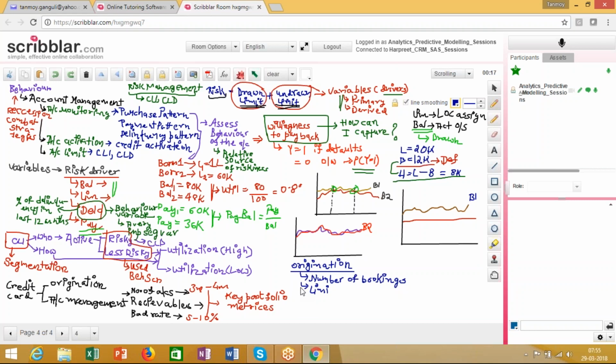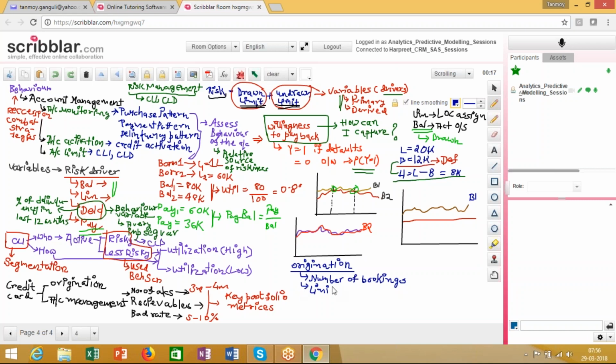At origination, how does the portfolio look like? How do the bookings look over the last 3 months, last 6 months, 9 months, 12 months? How do the limits booked look? What has been the average limit which has been booked? What has been the average number of bookings which are done, and so on? So these are the different kind of things that are there.